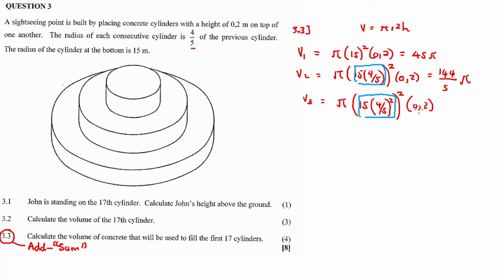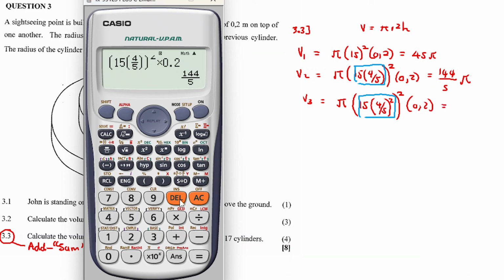The height remains constant, but just make sure you pay attention to your radius. On the previous question we worked out the radius, so we're going to do the same, but this time it's still squared, and I also have a squared inside the bracket. Wow, this is what I was avoiding.